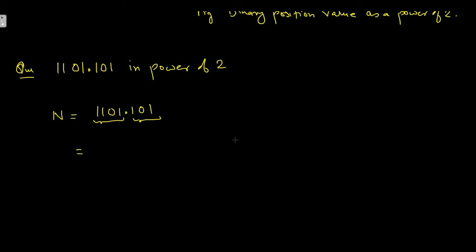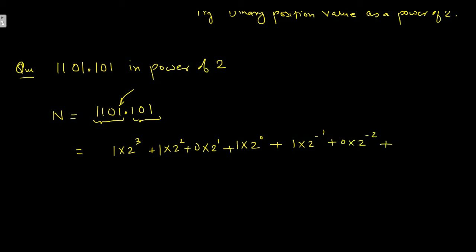So here 1 into 2 to power 0, then 0 into 2 to power 1, 1 into 2 to power 2, 1 into 2 to power 3. Again after the binary point we write 1 into 2 to power minus 1 plus 0 into 2 to power minus 2 plus 1 into 2 to power minus 3.